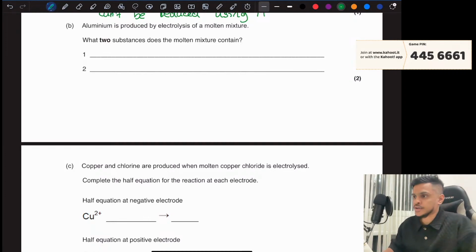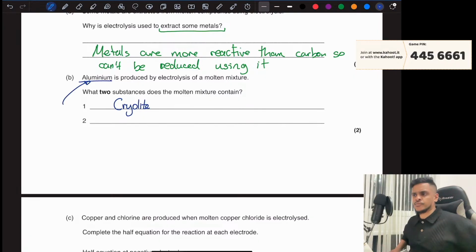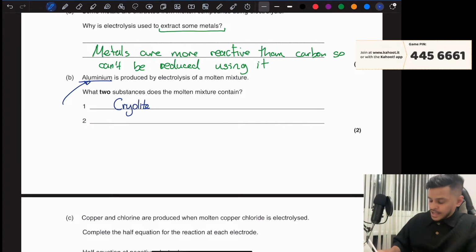The other thing is the actual ore, the thing we're extracting aluminium from. We're not extracting it from aluminium, so we can't say aluminium on its own. That's not going to get us marks, because that's what we're trying to get out of it, right? The answer is aluminium oxide.